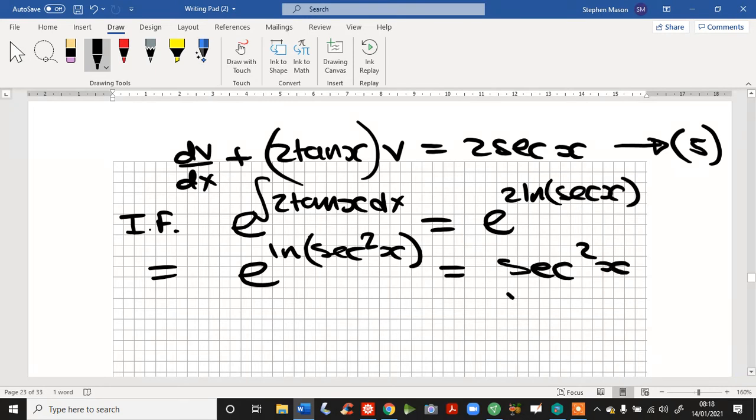So now we can multiply sec squared x right throughout equation 5.